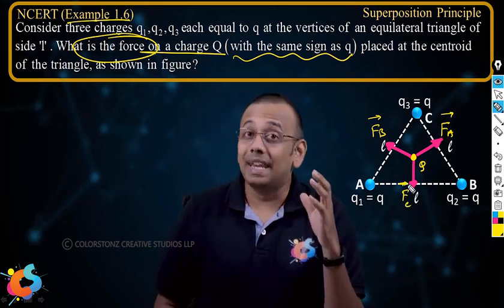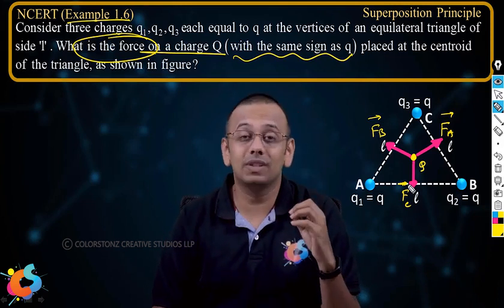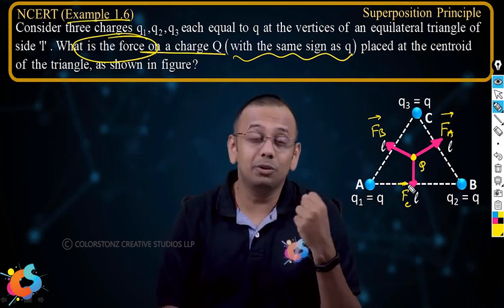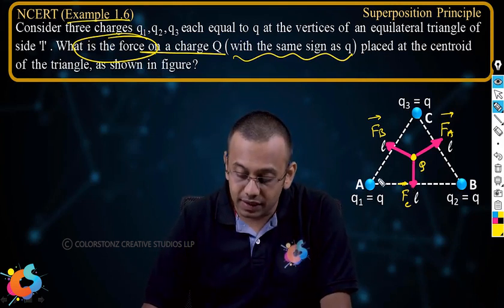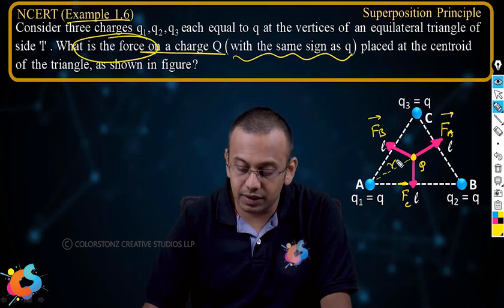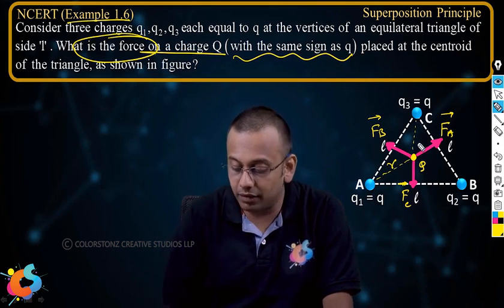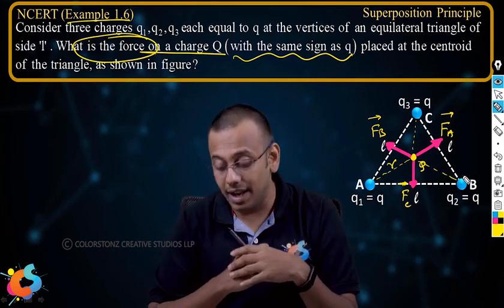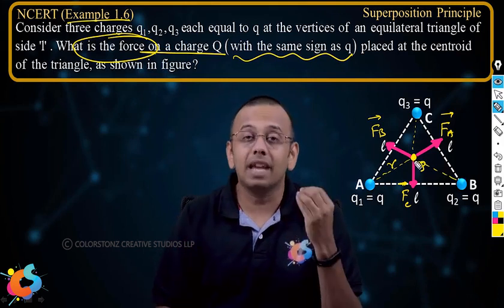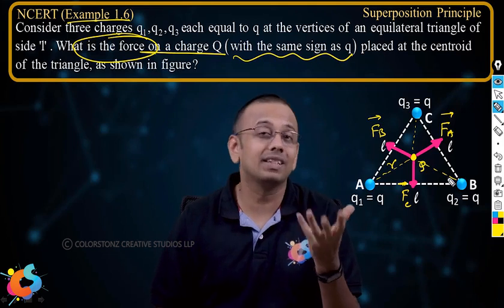Okay. Now, if you look at these three forces, their magnitudes are going to be the same because each charge is at the same distance, because it's the centroid of the equilateral triangle. It is also the circumcenter, and therefore the distance of this capital Q charge from every vertex is the same.